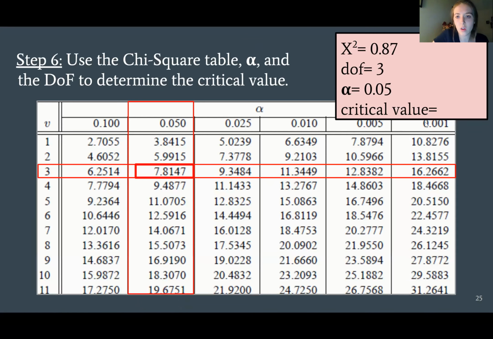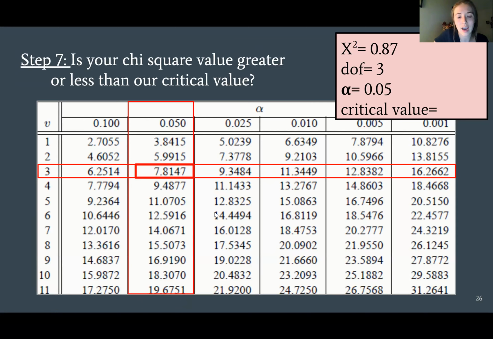The critical value that we just calculated is what we compare our chi-squared value to. And what you're going to say is, is your chi-squared value greater or less than our critical value?